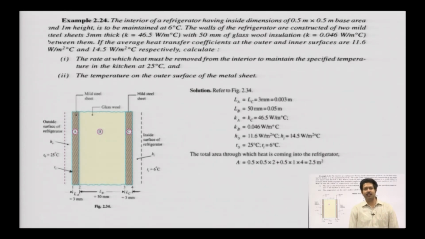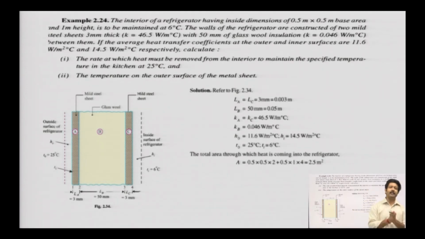If the average heat transfer coefficients at the outer and inner surfaces are 11.6 watts per meter square degree Celsius and 14.5 watts per meter square degree Celsius respectively, calculate the rate at which heat must be removed from the interior to maintain the specified temperature, with the kitchen at 25 degrees Celsius, and the temperature on the outer surface of the metal sheet.